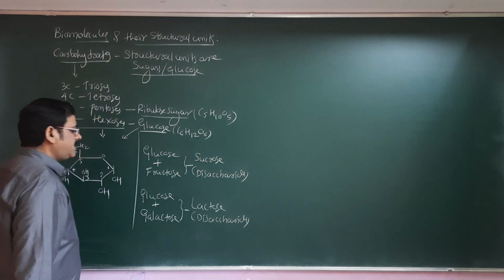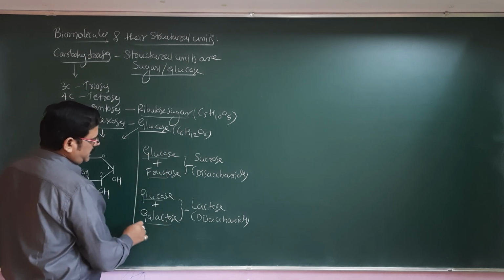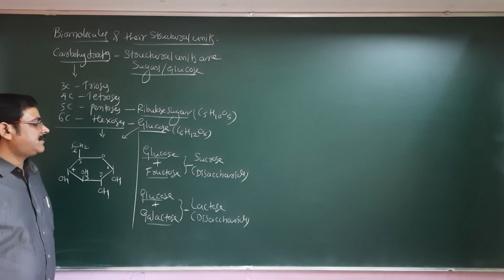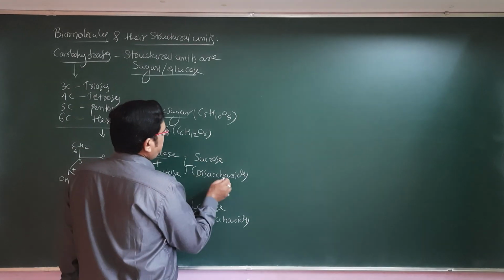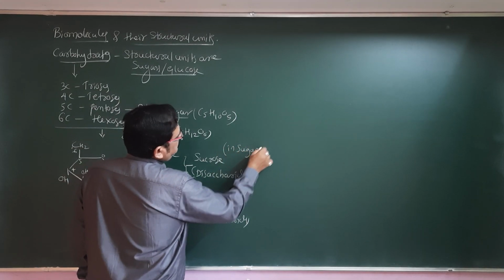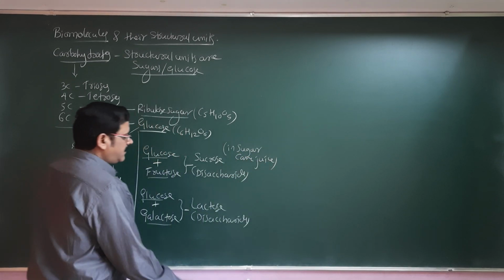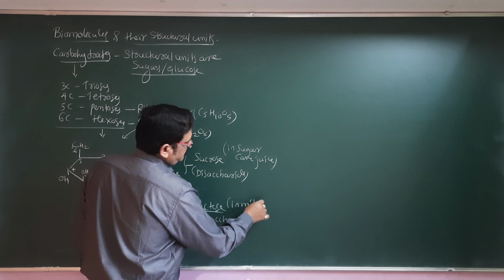So two different kinds of sugar, glucose and fructose, glucose and galactose, all have C6H12O6 only. Sucrose can mainly be found in sugar cane juice. Lactose, yes, we can find in milk.